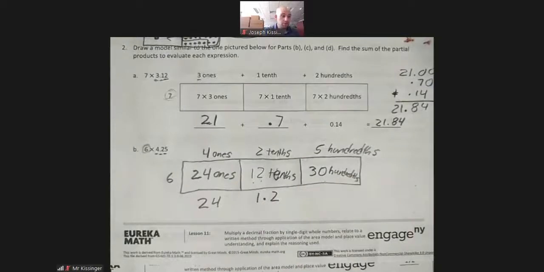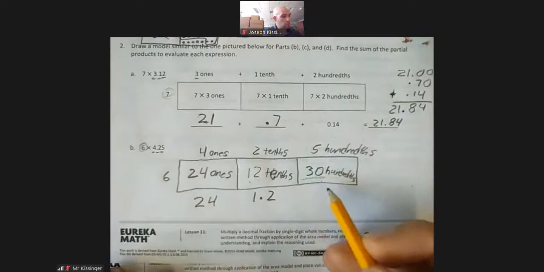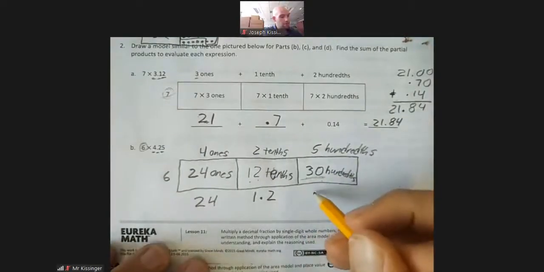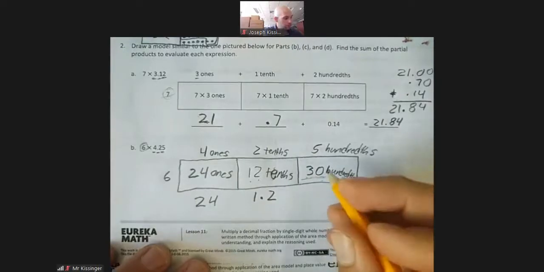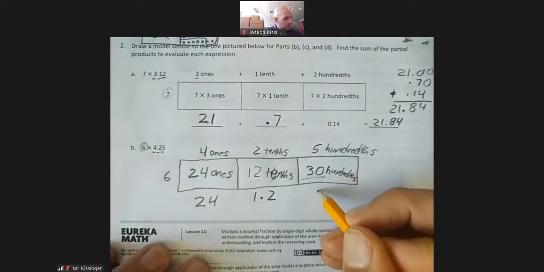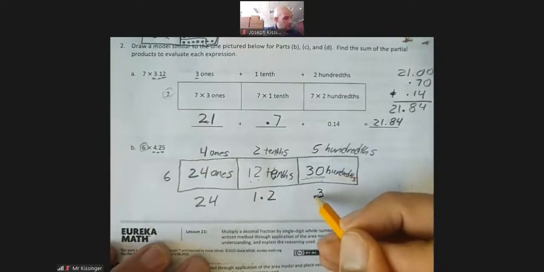Next, we have 30/100. Well, remember that 10/100 equals 1/10. So how many times do we have 10/100? When we have 30/100, we have 3 tens in 30. So we can get 3/10 altogether.